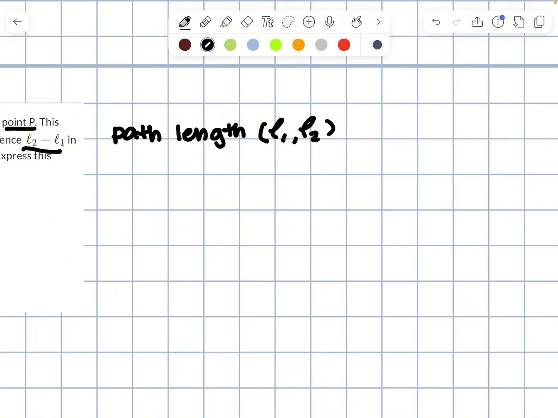So those are path lengths, and the SI units for those are meters. Then we have the difference of path lengths, represented by delta L, which is the difference between the two lengths traveled by the wave. So we know that this equals L2 minus L1, and the SI units for this are also meters.